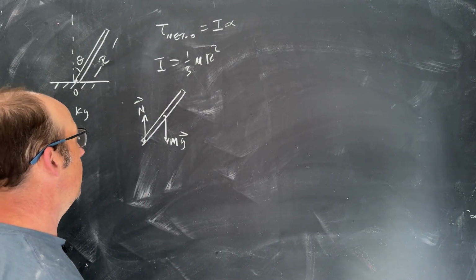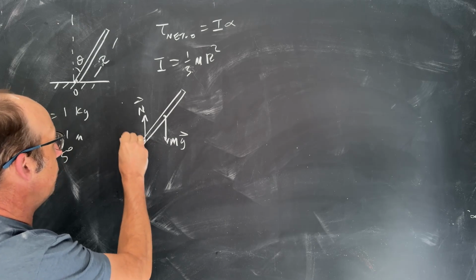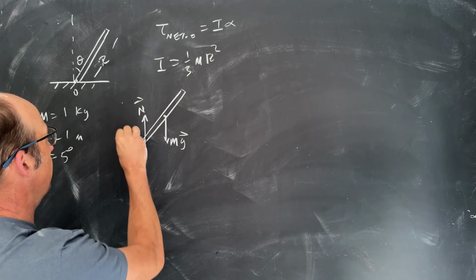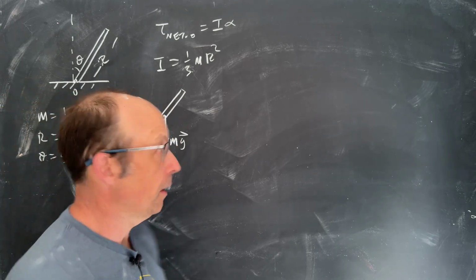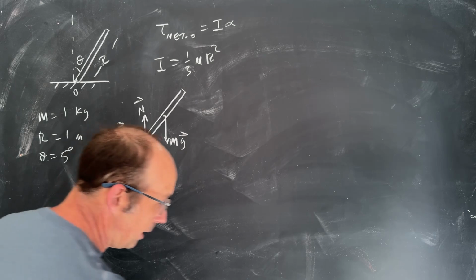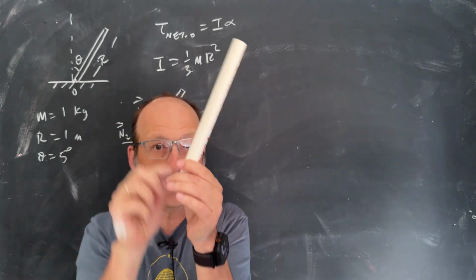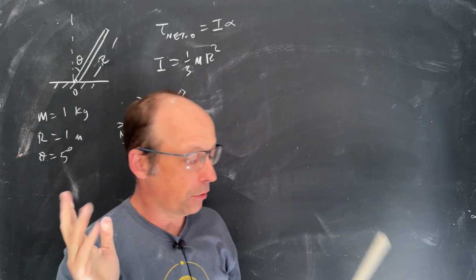And then I'm actually going to have a sideways force here. Let's just say it's friction. It could be anything. Let's call this N2. If it's a pin, it could have two different forces. That's because there is a difference between a stick falling over with a stationary base and one where the base can move. And I'll talk about that at the end.